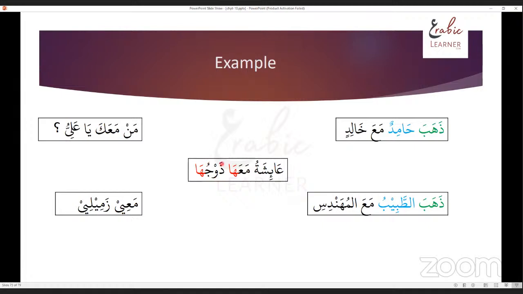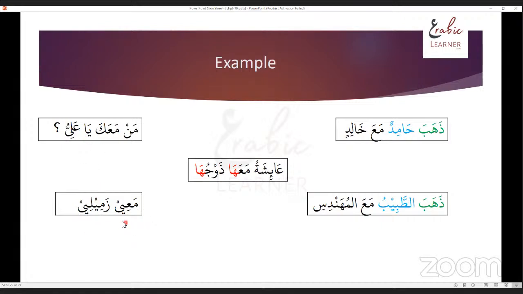And this is Mubtada Muakhar. Okay, Mubtada came afterwards. This is a similar sentence. You can understand from here also. Ma'i Zamili. Tell me the meaning of this. The question was, Man ma'aka ya Ali? Who is with you, O Ali?